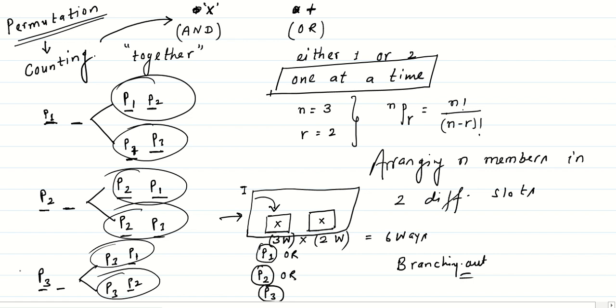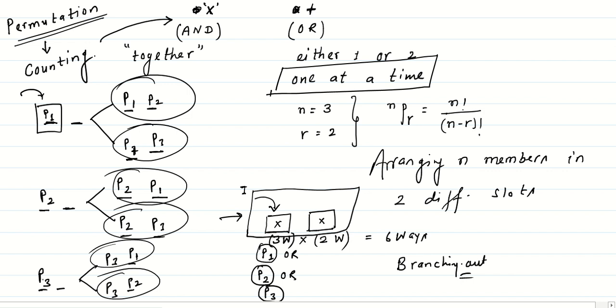So for every one way here, how many branches are there? Two branches. The first place can be occupied in three ways, that's why 3 into 2, 6 ways altogether. So why am I multiplying? Branching out. For every one way of the previous slot, I am finding multiple ways for the next slot.